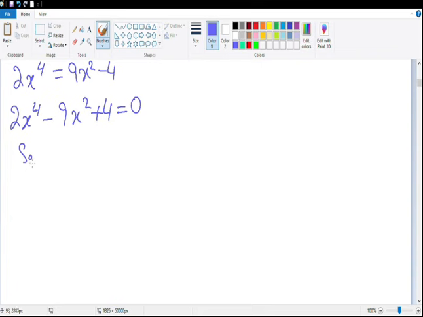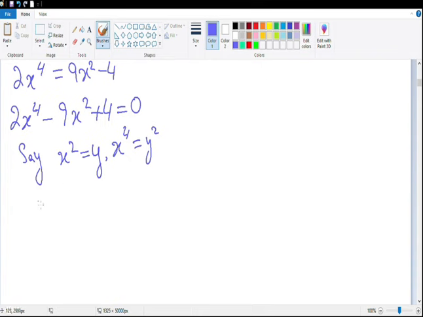Now we're going to say that x squared is equal to y, and so actually I should write x to the fourth power is equal to y squared.